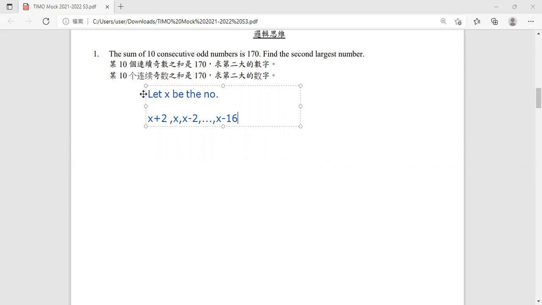Then you sum them up, and you will have 10x minus what?